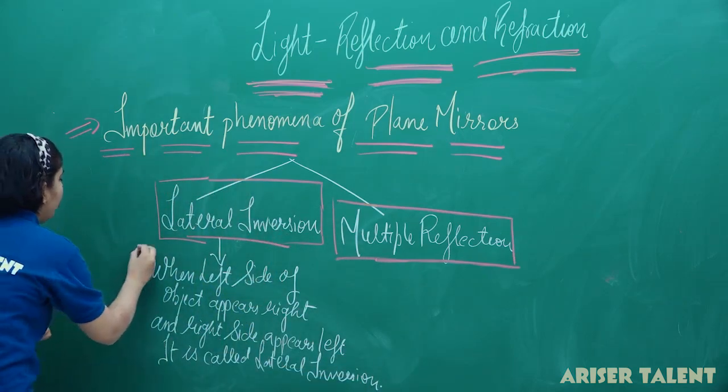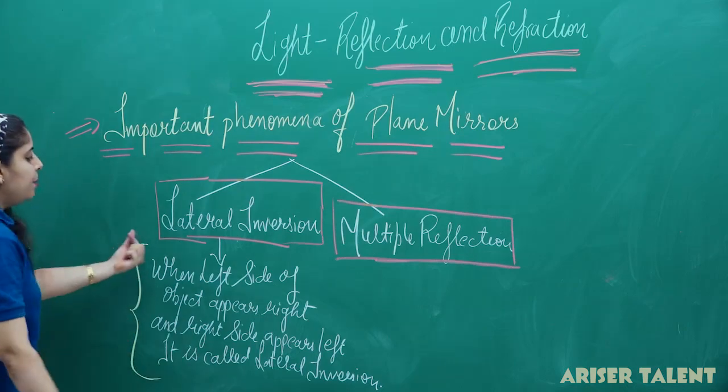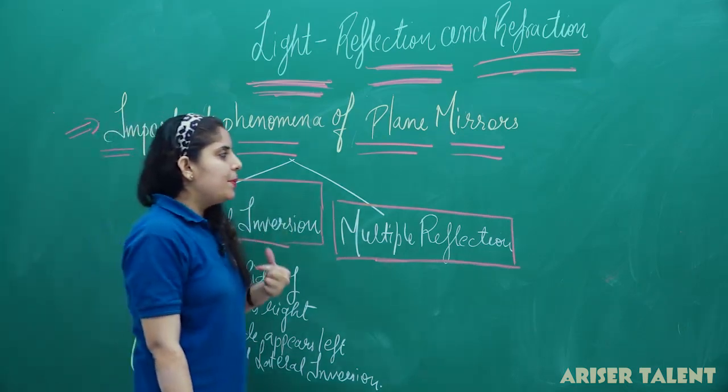So this thing will be called lateral inversion. It means left will appear in right and right will appear in left.